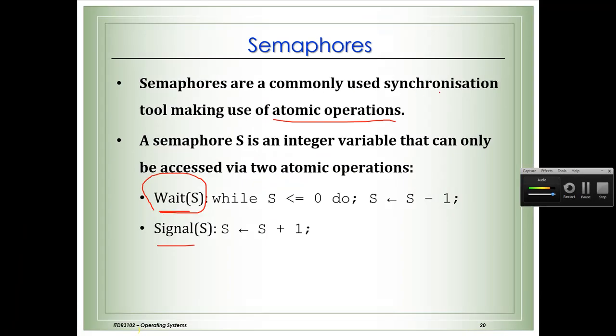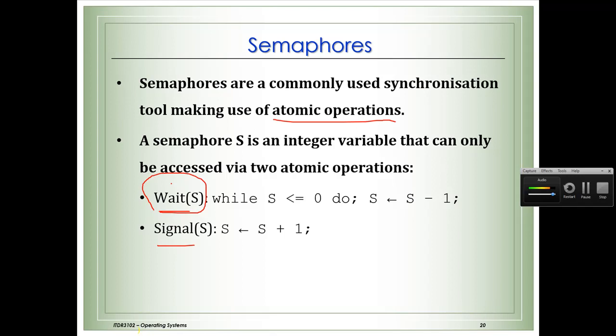Semaphore is a synchronization tool used for synchronization. We can implement mutual exclusion. We can use the semaphore to control the resources. There are many applications of semaphores, but in this chapter 5 in operating systems we focus on mutual exclusion, how we can use semaphore to implement it. Clear?